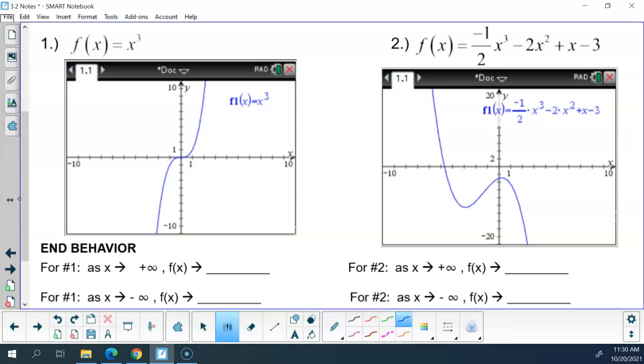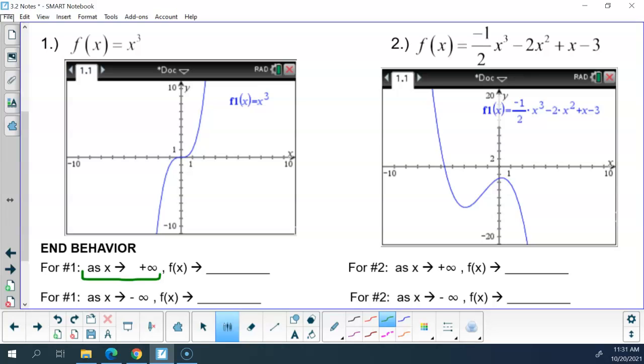So for end behavior, it is always written as x approaches positive infinity. So what this is saying, as x approaches positive infinity, means x is getting bigger and bigger and bigger.